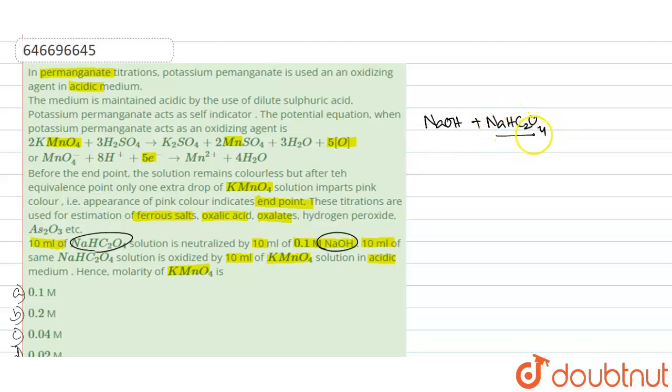Now this is a monobasic acid and this is a monoacidic base, because this has only one OH minus and this has only one H plus. And the reaction will be like this: we'll be having Na2C2O4 and along with this we'll be having H2O.